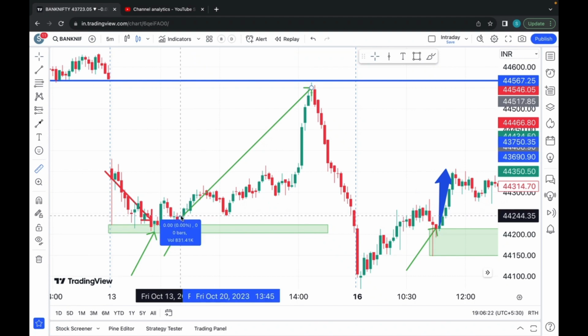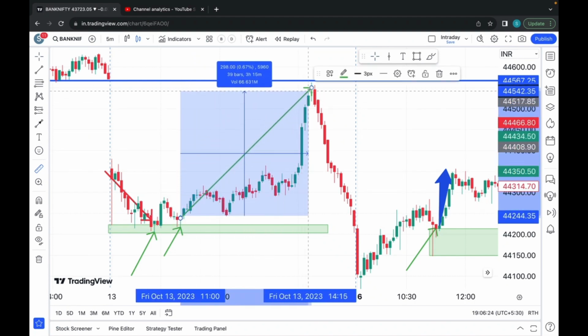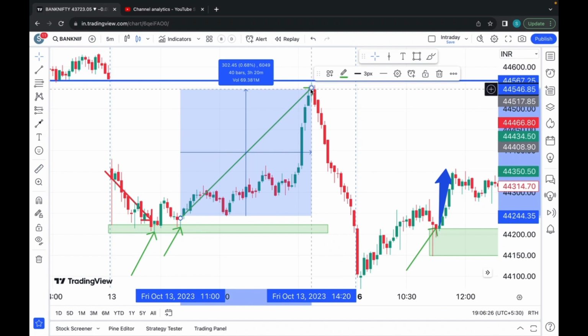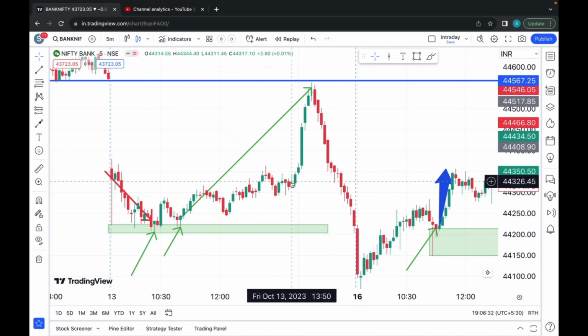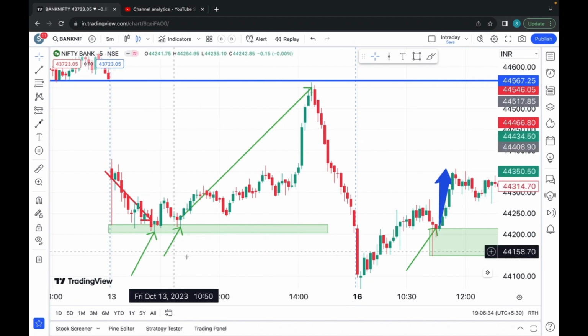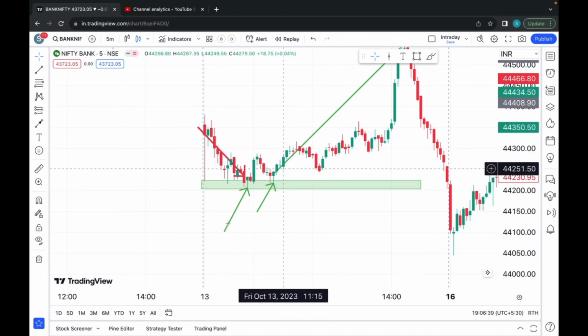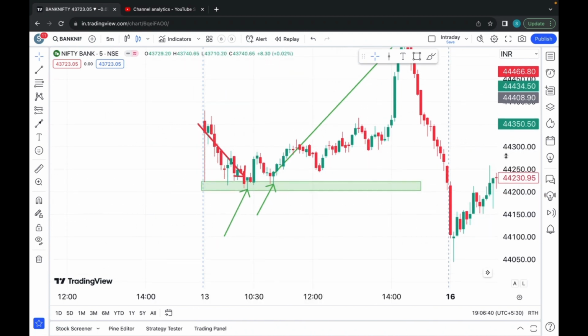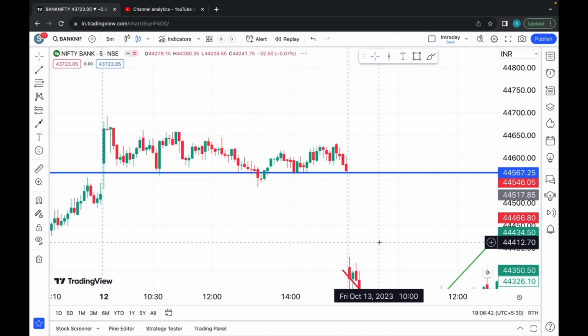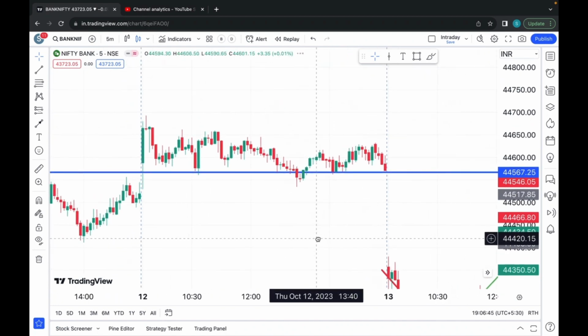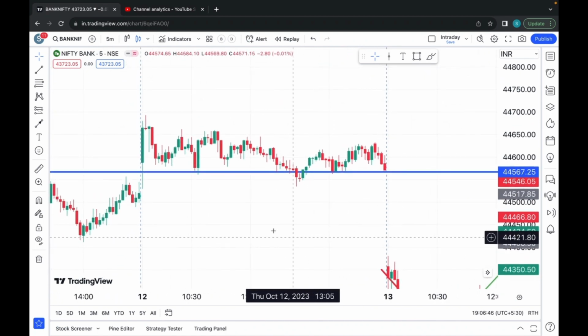This particular day has given you a 302 points movement in 40 bars, that is 3 hours 20 minutes. Imagine how much you would have made with just this hammer candle. So I suggest you go back and do some back testing.